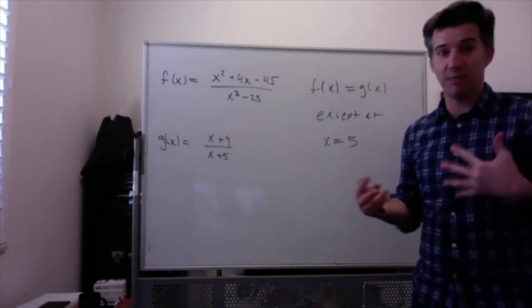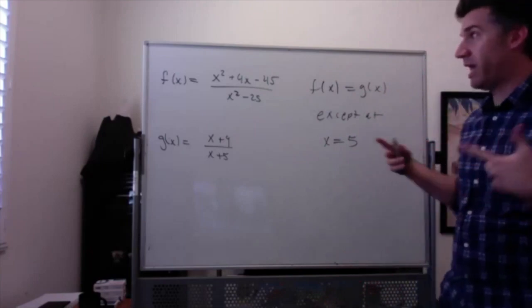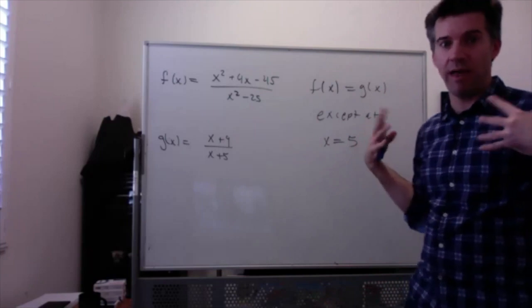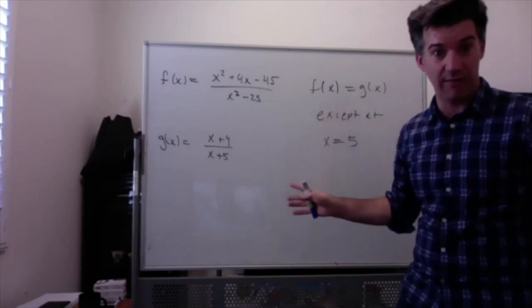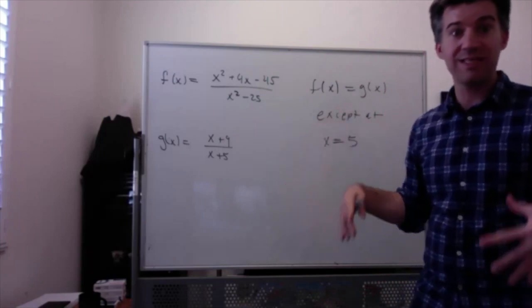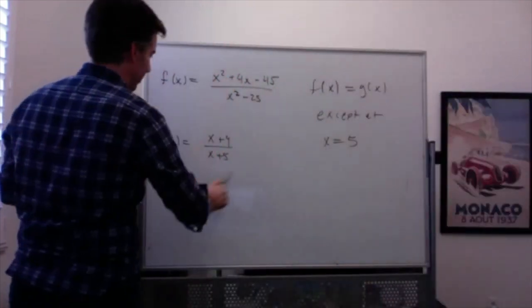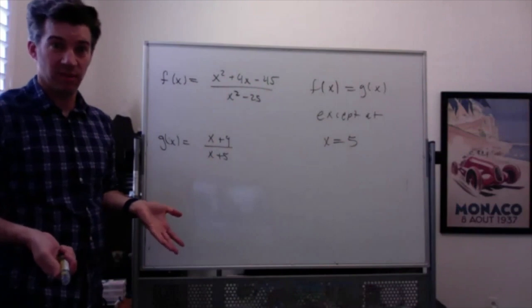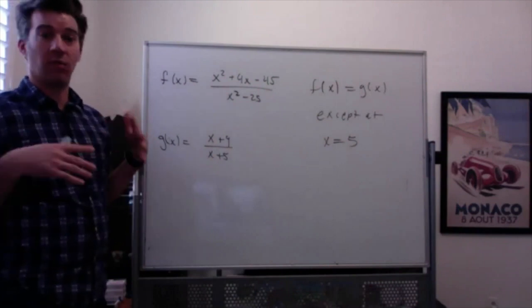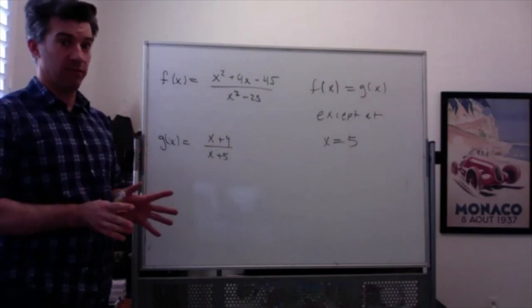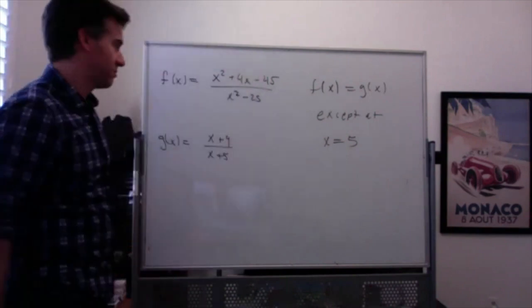The limit as x approaches 5 cares about this expression everywhere except for when x is equal to 5. So as far as the limit is concerned, this expression and this expression are exactly the same, because the limit says, I want to know what's happening around 5, but not at 5. 5 can do things.